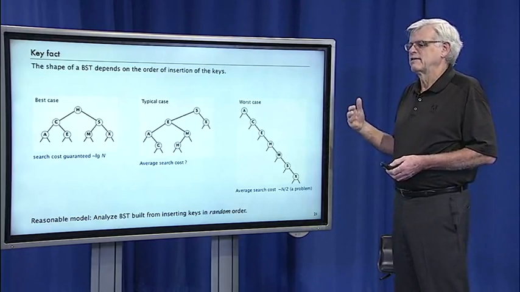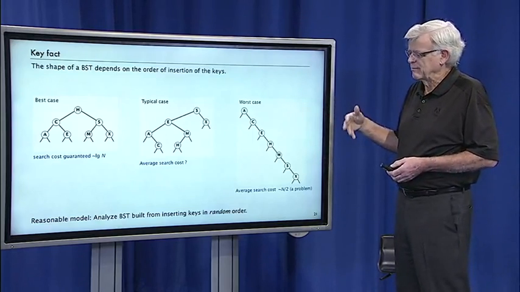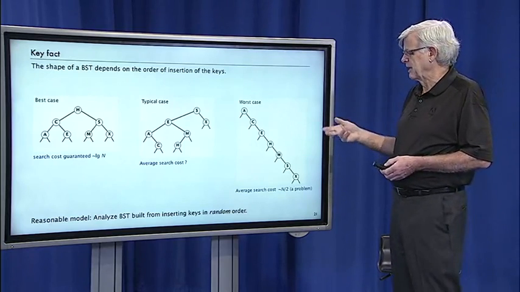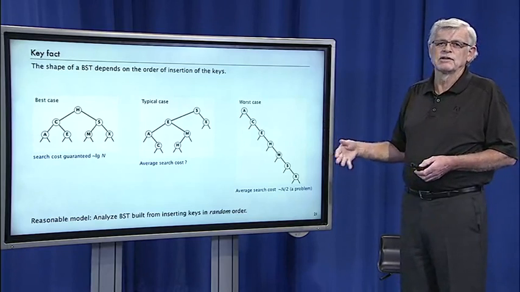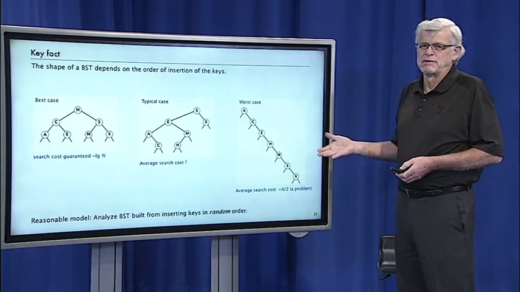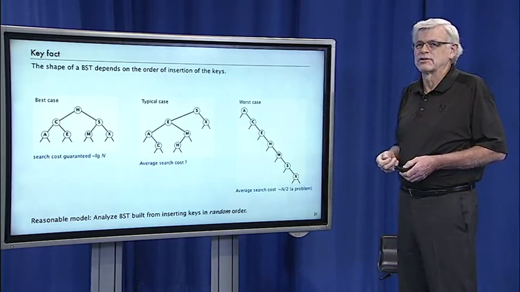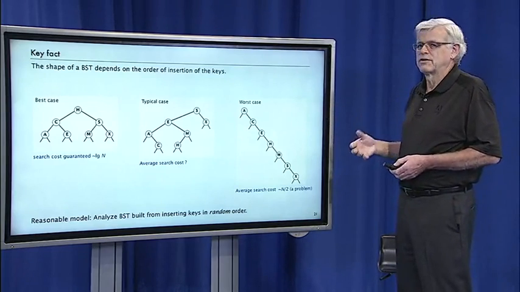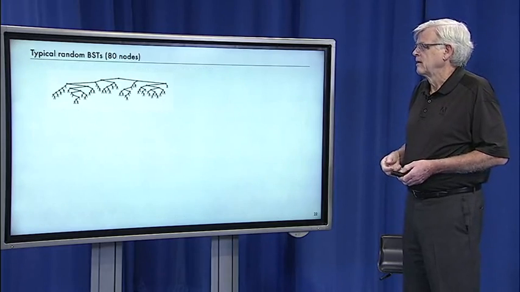So it's not a randomized algorithm that we can guarantee performance probabilistically the way we can with quicksort, but still it's a reasonable model that actually can be validated in lots of practical situations. So it's a good starting point for analysis of a tree algorithm.